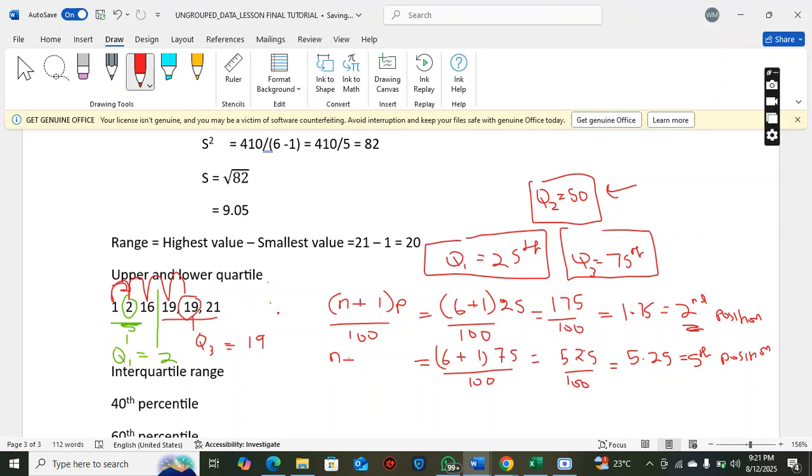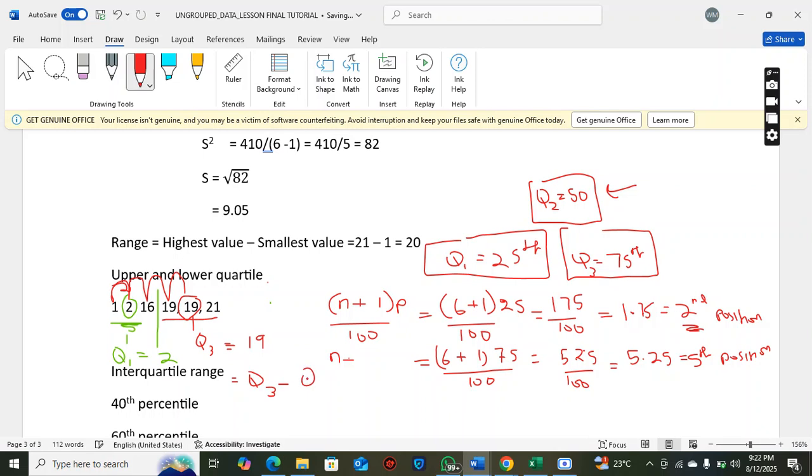Any questions? The interquartile range is just the upper quartile, Q3, minus the lower quartile.